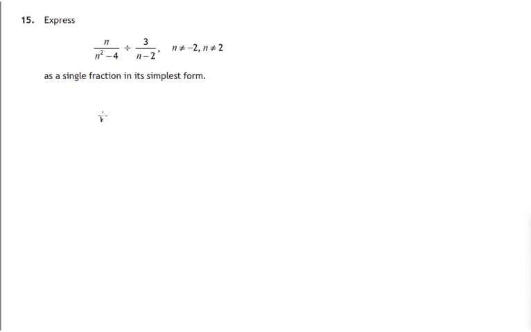So let's take n over n squared minus 4, which we know is n over n minus 2 times n plus 2. That's the first fraction, and we're dividing that by the second fraction. So that's just writing down exactly what we're doing.